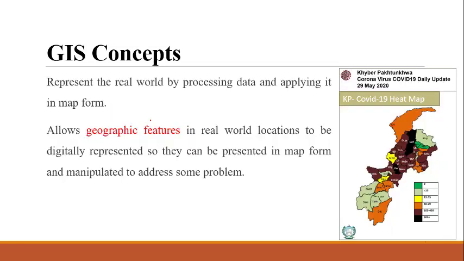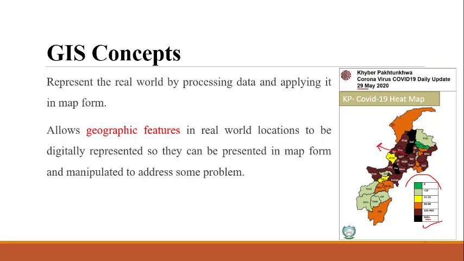The GIS concept is that the objects on the surface of Earth can be seen with the help of a map. For example, if you want to see the map of the Khyber Pakhtunkhwa COVID-19 daily update, up to the 29th of May 2020, the cases in Peshawar have risen to more than 500.